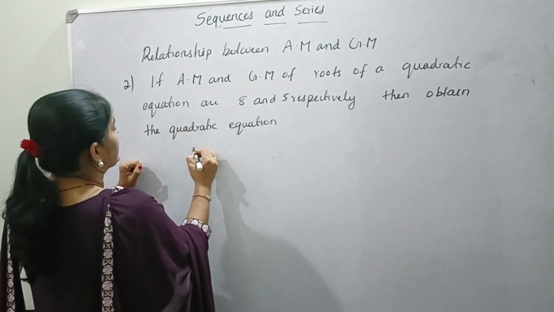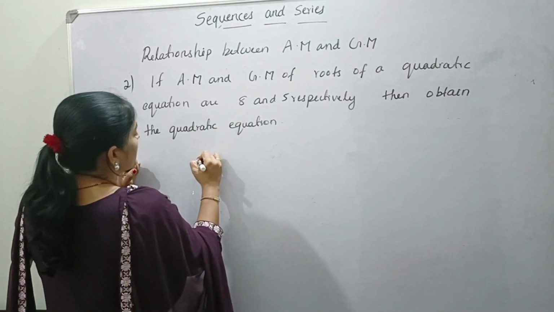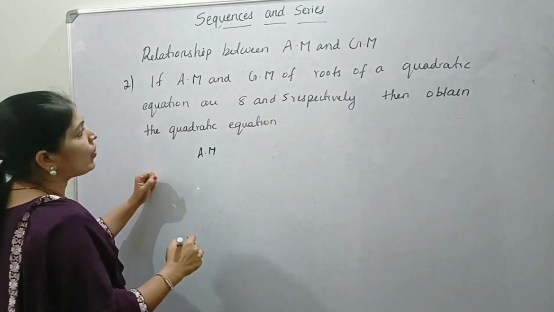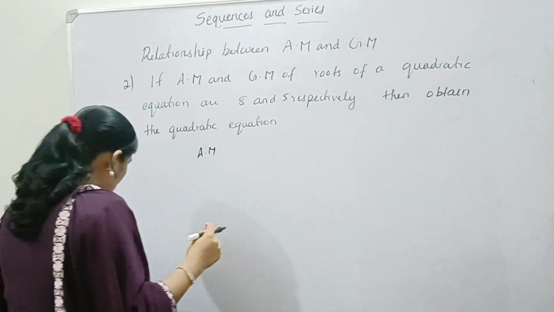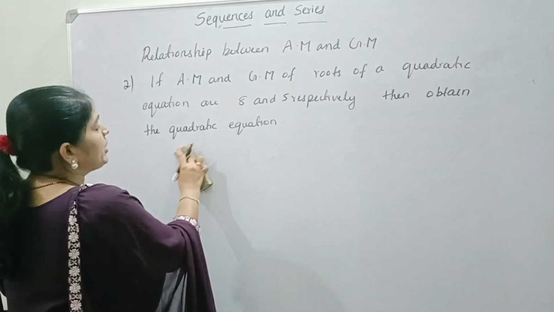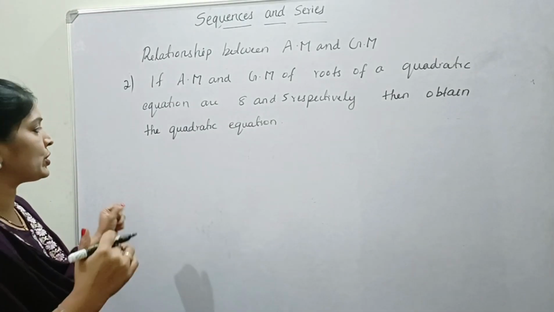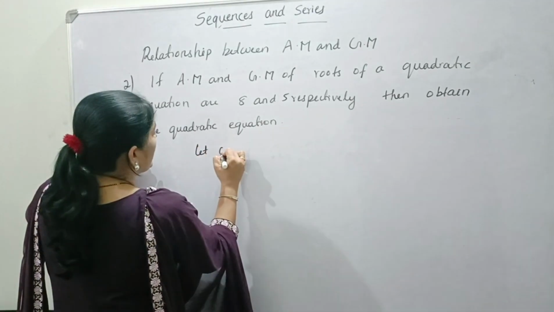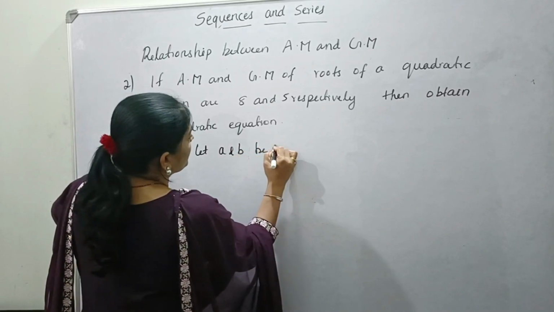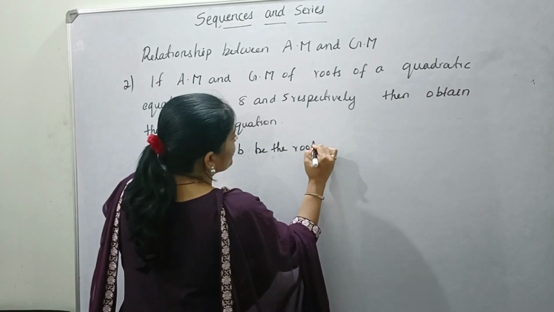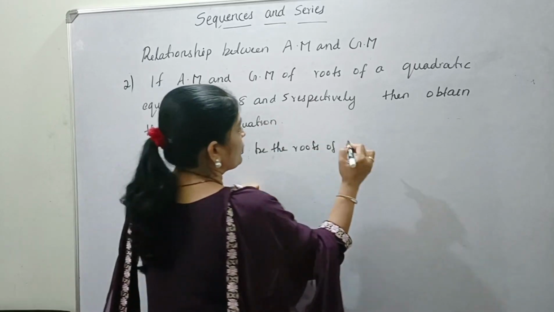First of all, let us write the arithmetic mean formula. Let A and B be the roots of the required quadratic equation.